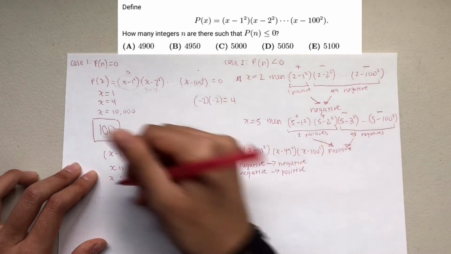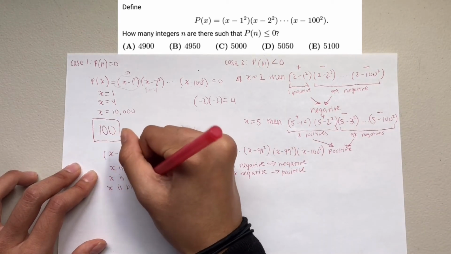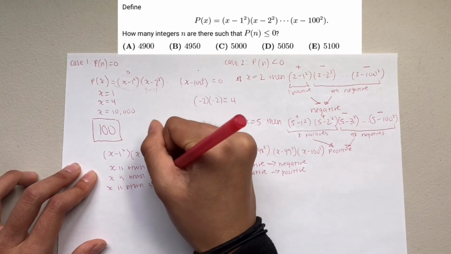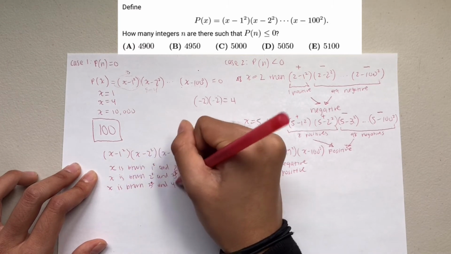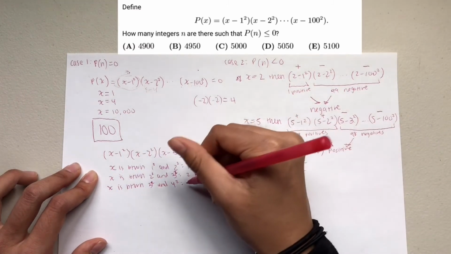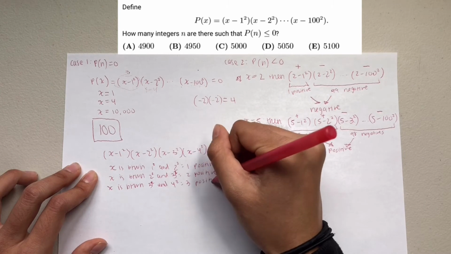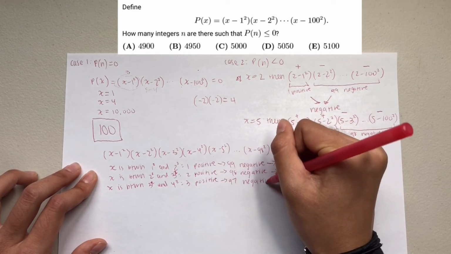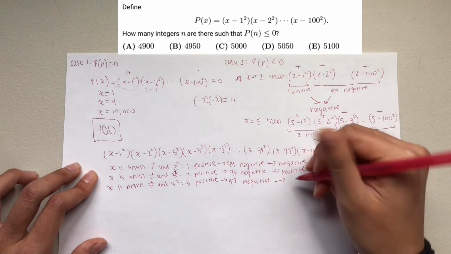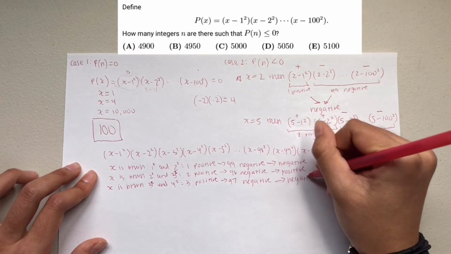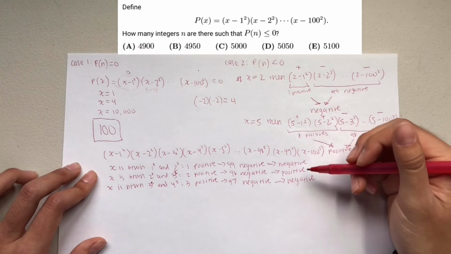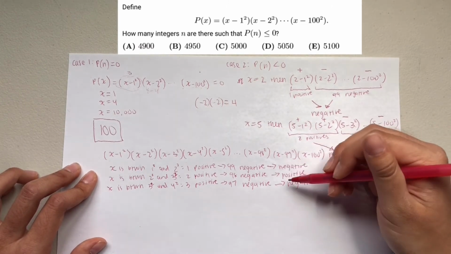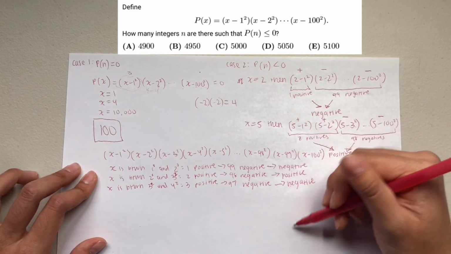Now if we do this one more time, if x is between 3 and 4, 3 squared and 4 squared, then there will be 3 positive, which means that there will be 97 negative, which makes the entire product negative. And so if we keep doing that, we'll see an alternating pattern of negative, positive, negative, positive, negative, positive.